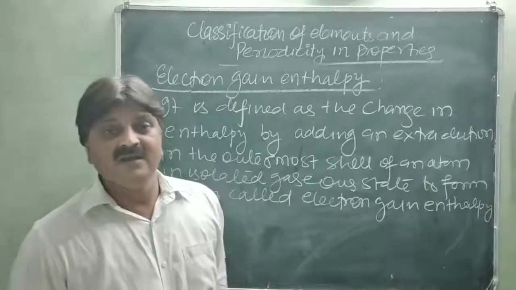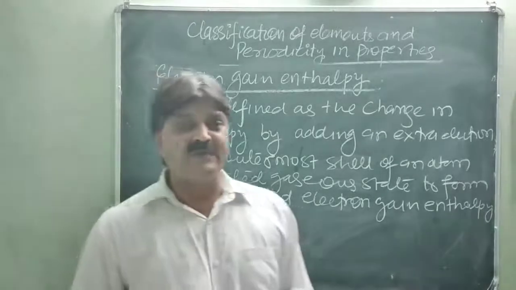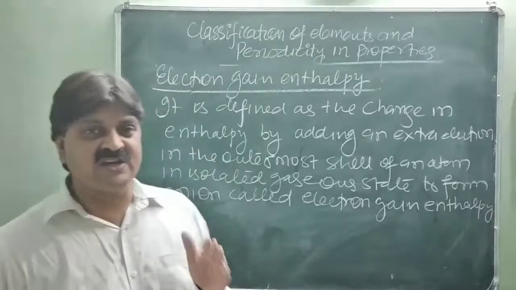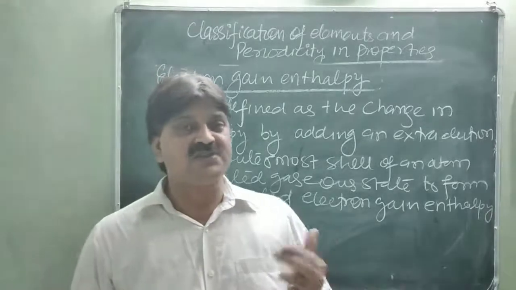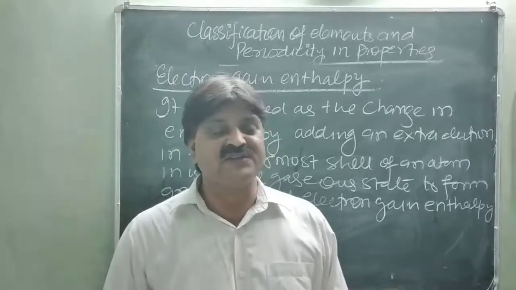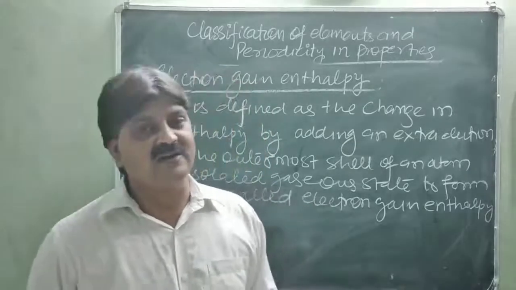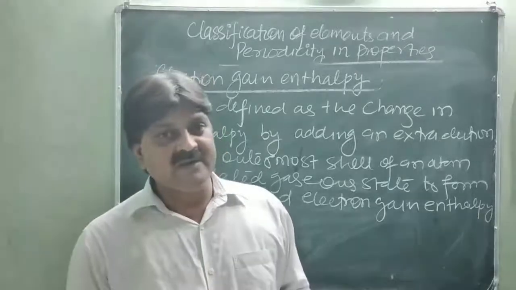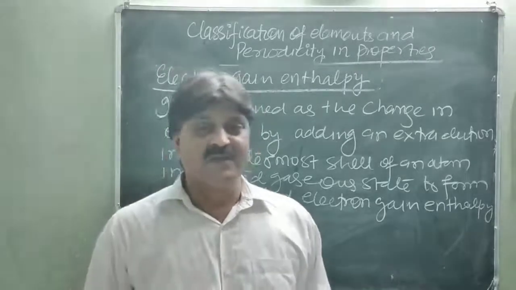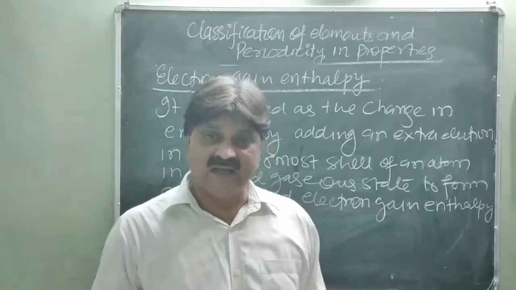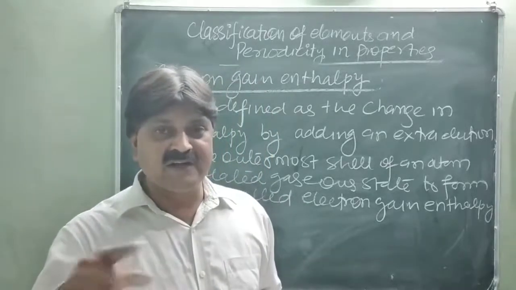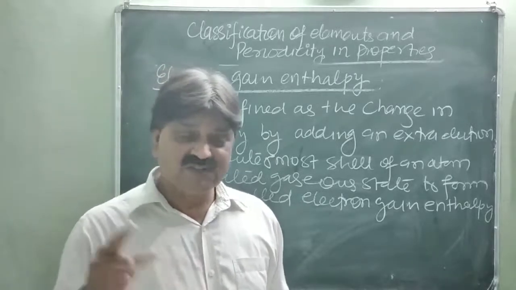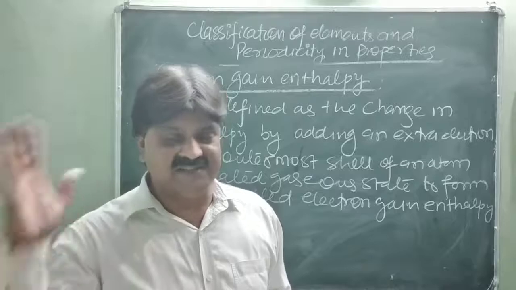I repeat it. The electron gain enthalpy may be defined as the change in enthalpy by addition of an extra electron in the outermost shell of an atom in its isolated gaseous state to form an anion. The change in enthalpy may be positive or negative, but the electron gain enthalpy is called higher where the value is more negative, meaning more energy is released.